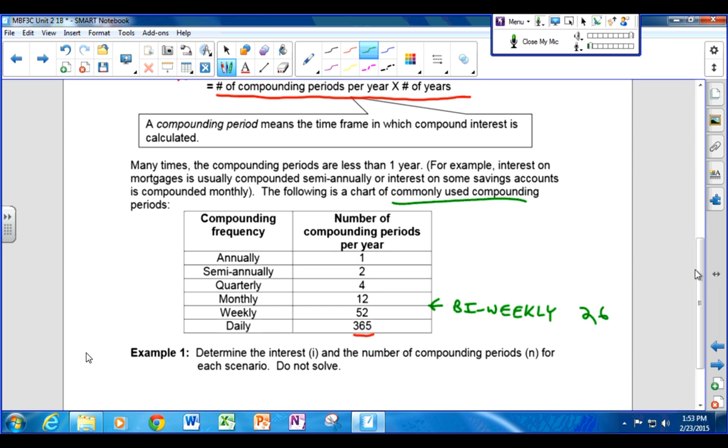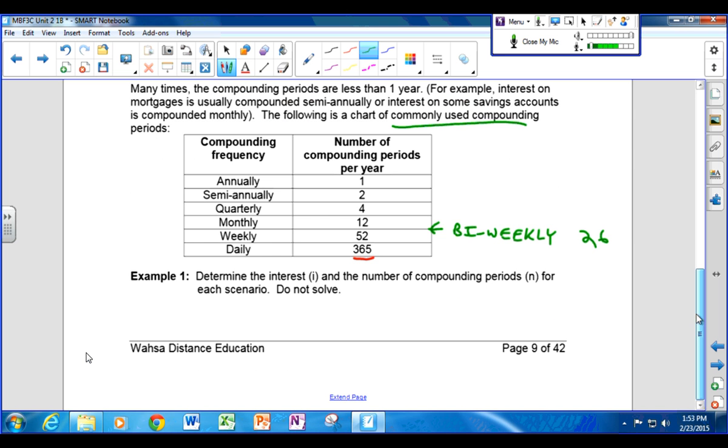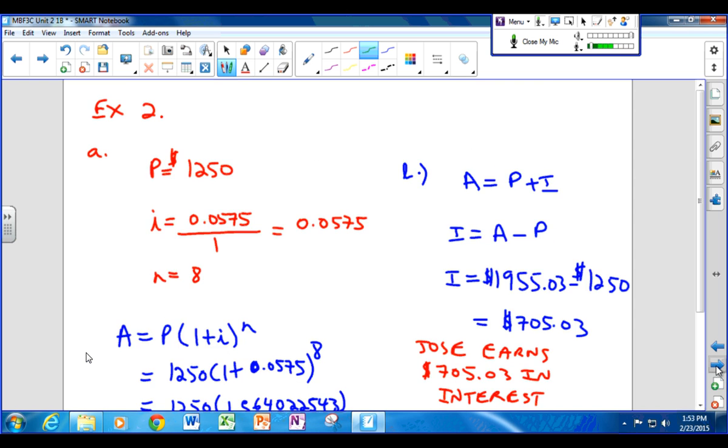If you go monthly, you're paying 30 days of interest between each payment, whereas bi-weekly you're only going about 14 or 15 days between payments, so it saves you quite a bit of money. Okay, so that's the chart. You should probably have this on speed dial or ready to go if you haven't memorized them.